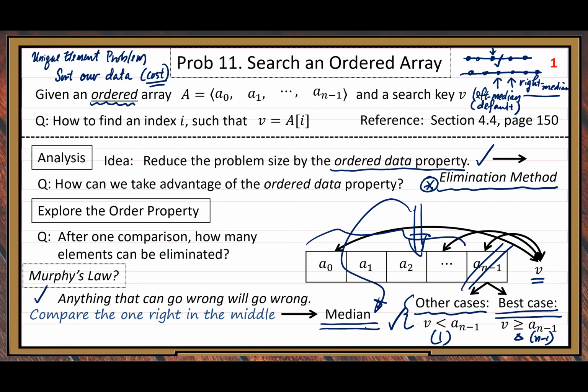Even for that slightly worse case, it's not too bad: we can still eliminate approximately 1/2 of the elements in the given array. Every time you can eliminate approximately 1/2 of the elements. So whenever you have a chance to do a comparison, always compare with the median element. That's the essence of binary search.